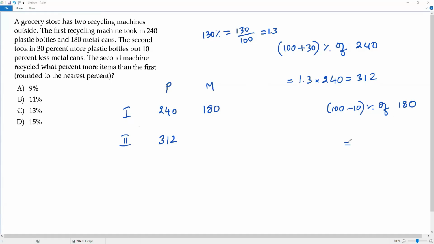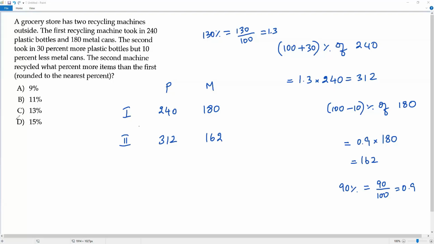So 100 minus 10 will be 90%. If I convert 90% to a decimal, first I write it as a fraction, 90 over 100, then it becomes 0.9. So 0.9 times 180, when I multiply, it will be 162. So the number of metal cans taken by the second machine is 162.